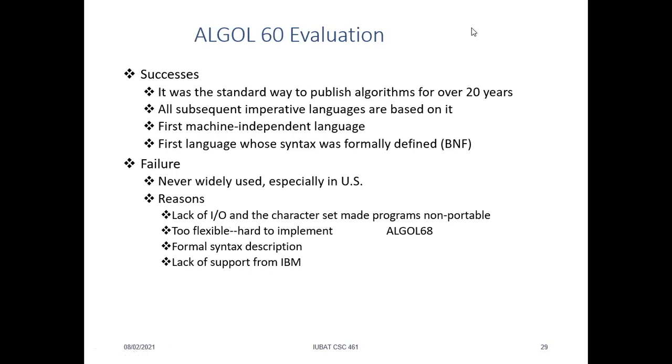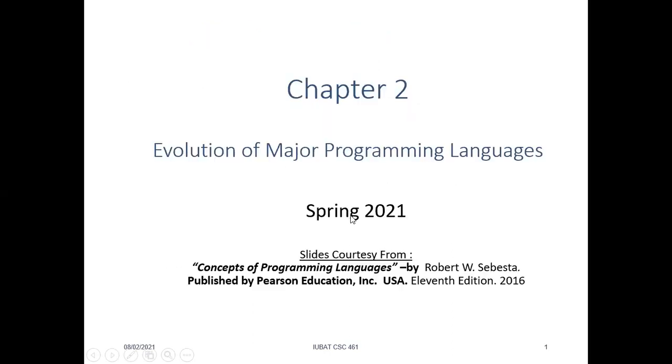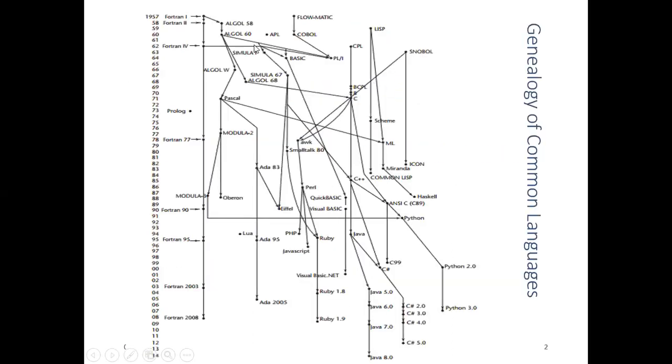The main purpose was so that scientists could communicate among themselves. Then all subsequent imperative languages are based on it, whether it's the C programming language or C++. If you look here, this is ALGOL. If you trace back from ALGOL, we have this Modula language, which leads to Python. From ALGOL we have Simula 67, which leads to the C programming language.